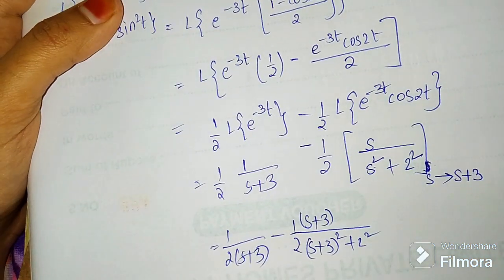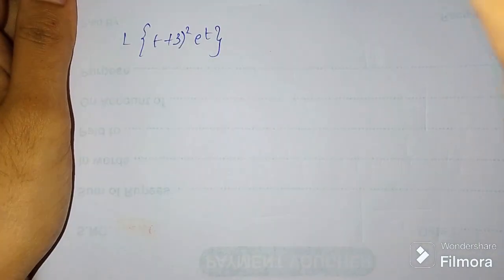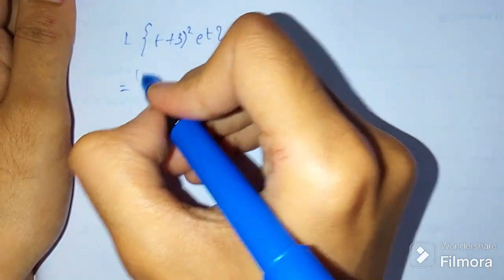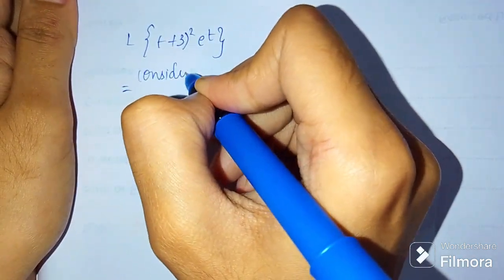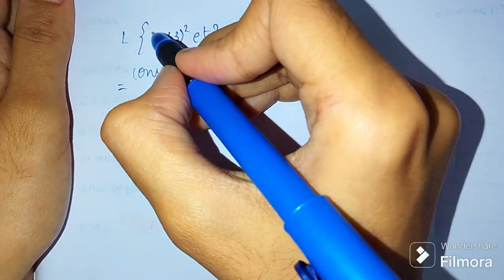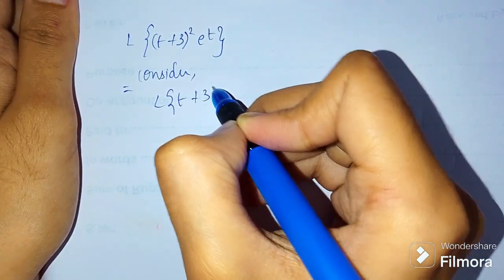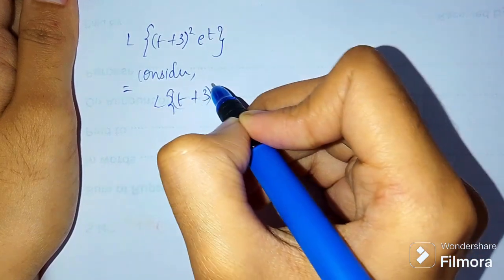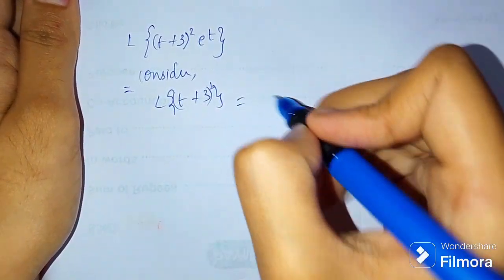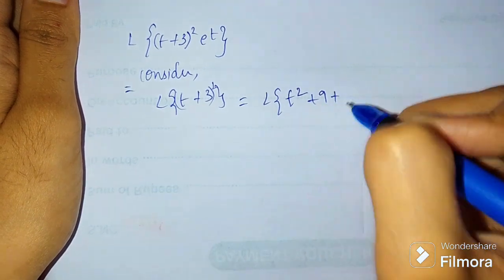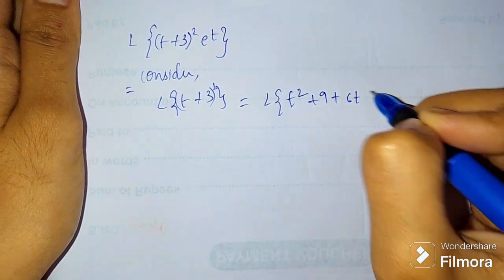So I'll show you another way to solve these questions. Consider Laplace of t plus 3 whole square. Expanding, this is t square plus 9 plus 6t.